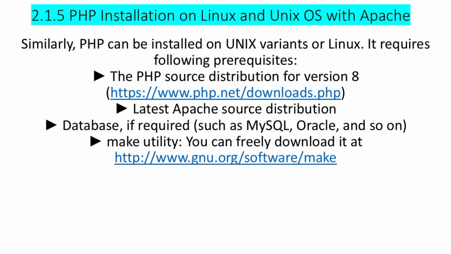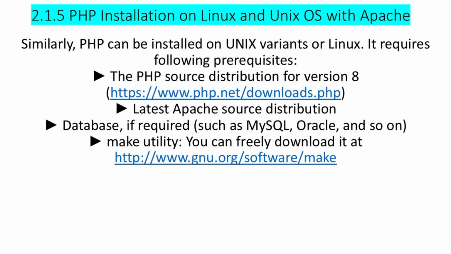Next, make sure you have the latest Apache source distribution installed on your system. Apache acts as the web server that allows PHP to run and display web pages dynamically. If your project requires database support, such as MySQL, Oracle, or any other database system, make sure you also have those installed or ready for configuration.